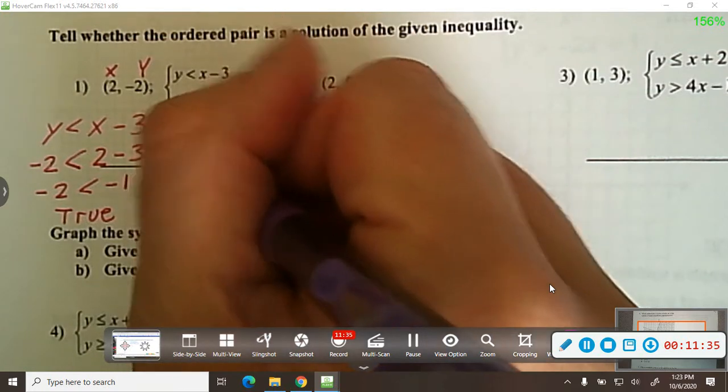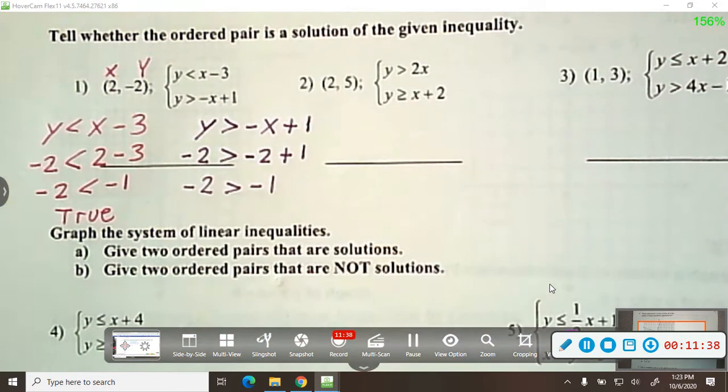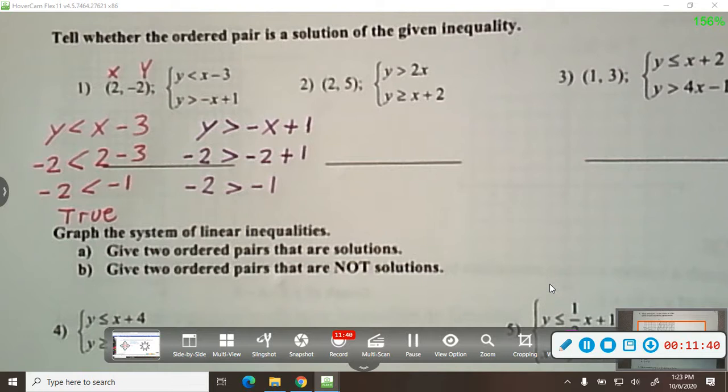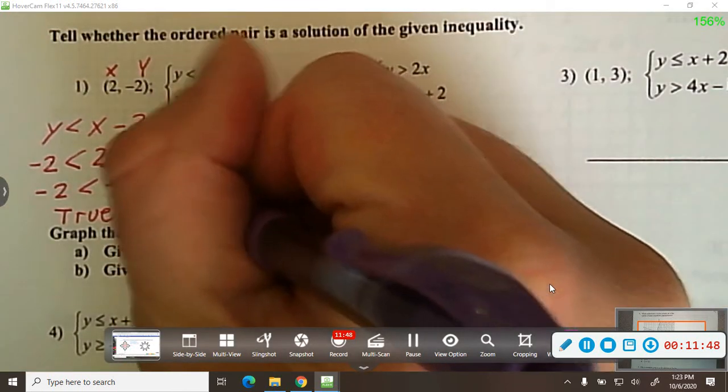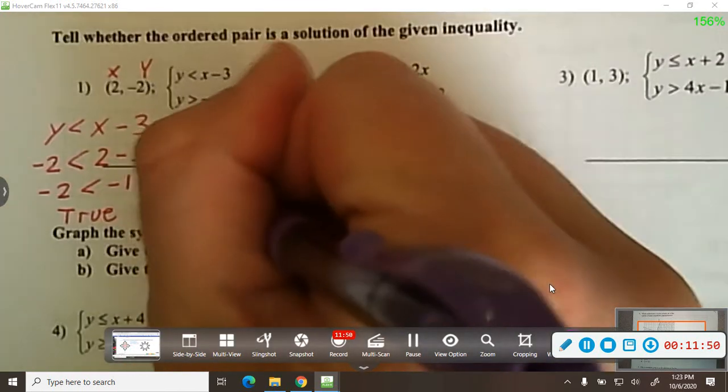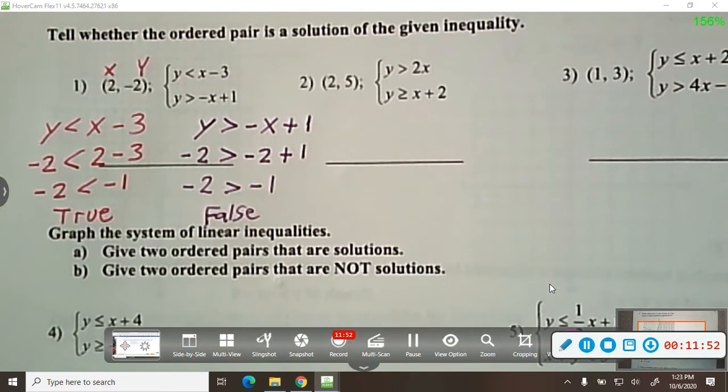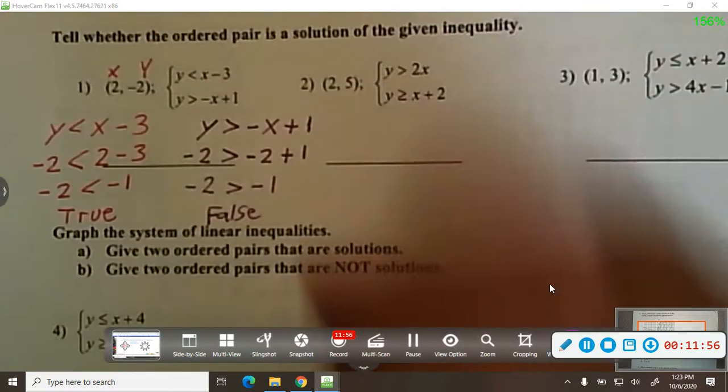And negative 2 plus 1 is negative 1. So is negative 2 bigger than negative 1? No. So because I did not get true statements on both of them, I would say no.